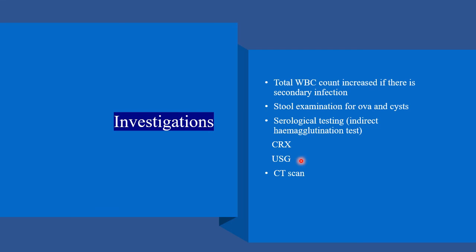It will show multiple or solitary abscess cavities. If this is not able to give us enough to diagnose the patient, a CT scan of the abdomen should be done, especially involving the hepatobiliary region. And I've already explained the changes that are classically seen in a case of liver abscess on CT scan.